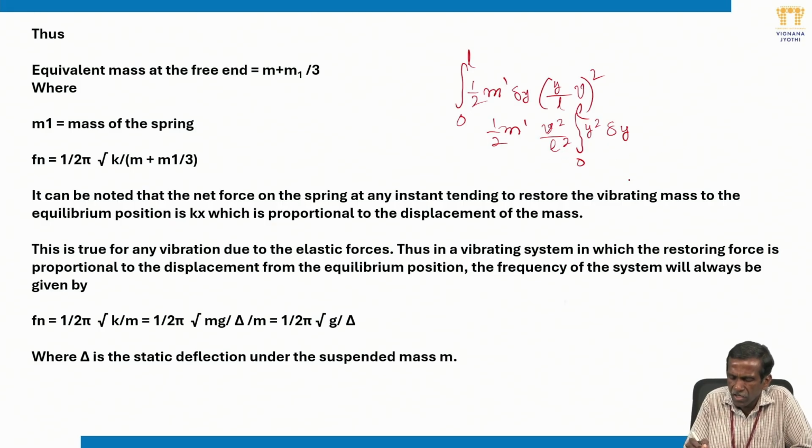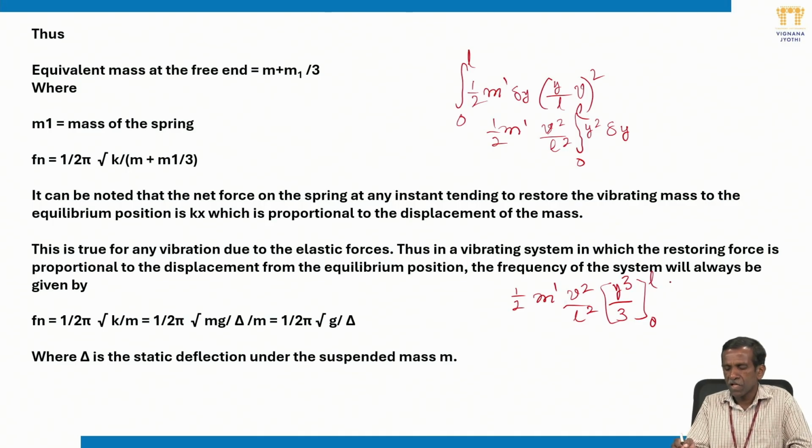Then do the integration: you will have half m dash v square by L square, and it is y cube by 3 over limits 0 to L. If you substitute this, you get half times 1/3, half m dash, L cube and v square by L square. If you cancel L square and L cube, L is remaining.